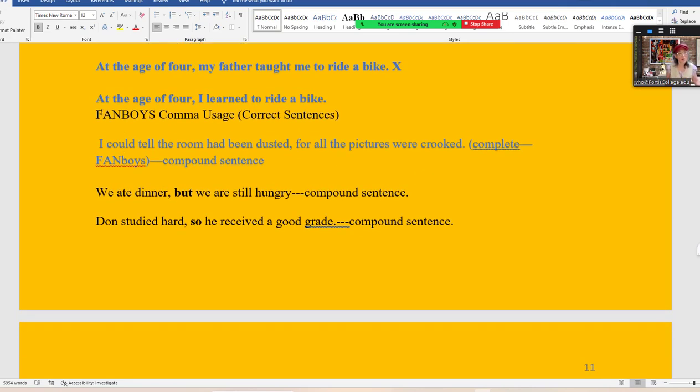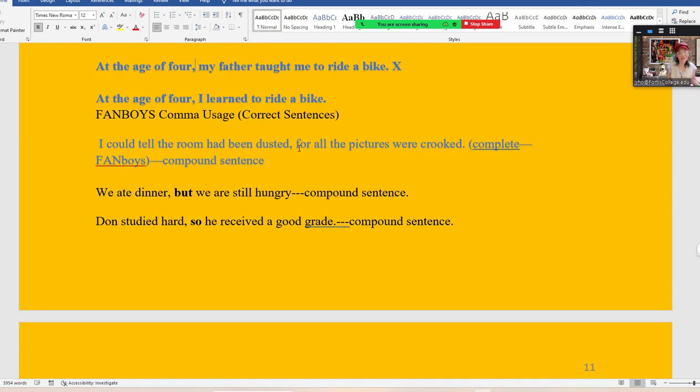So here's another one. I could tell the room had been dusted, for all the pictures were crooked. This is correct, actually. In this case, "for" means "because." It's so British. Americans do not use "for" in this way, unless you're being very, very formal.